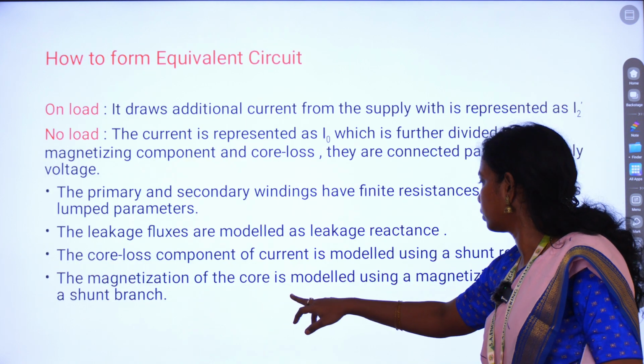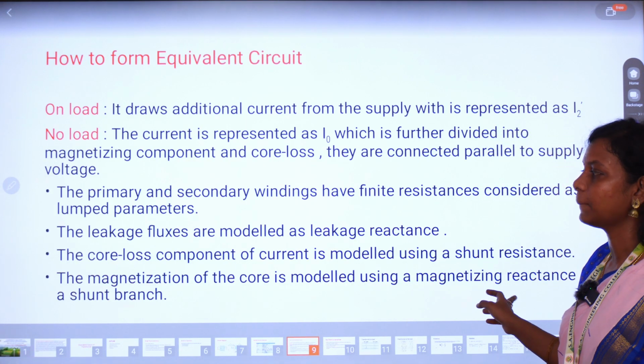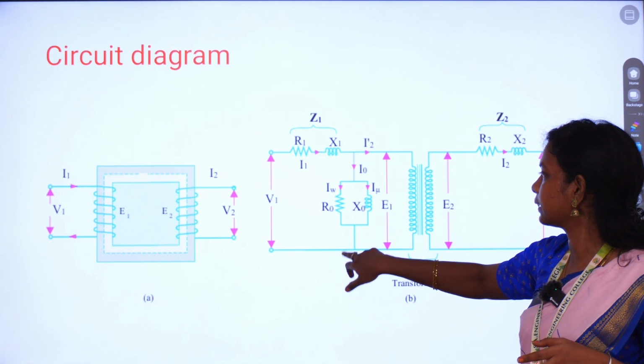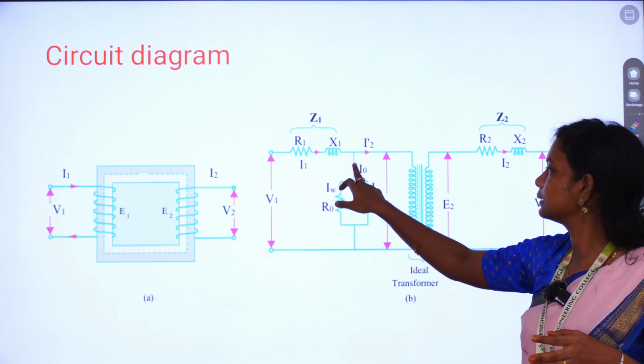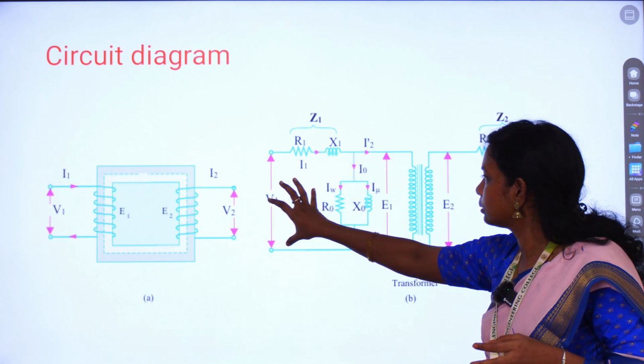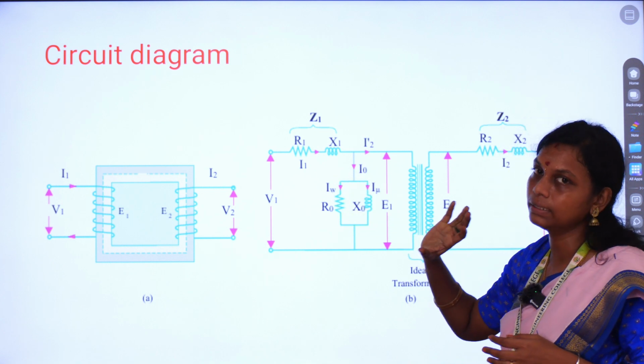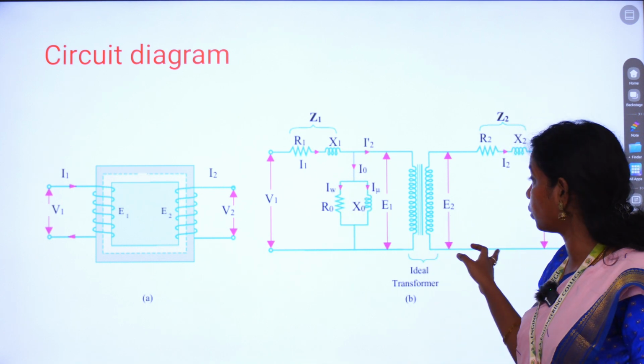The magnetization of the core is modeled using a magnetizing current, which is connected in parallel. This is the main thing. It should be connected in parallel to the magnetizing current and the core voltage.